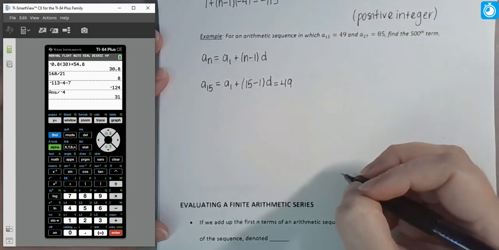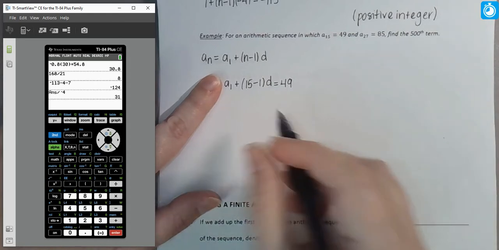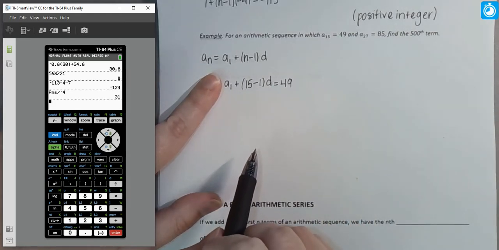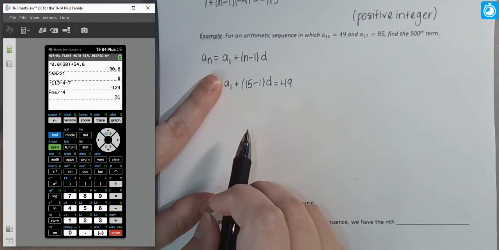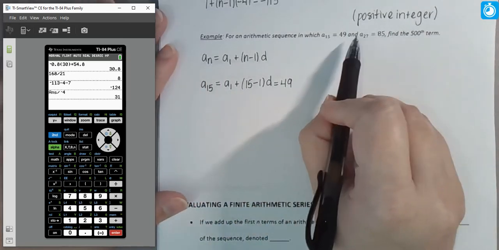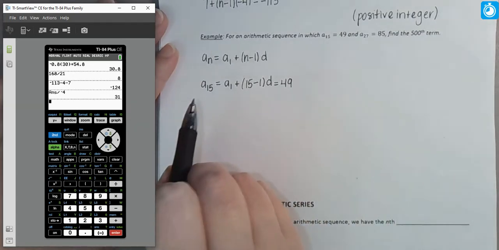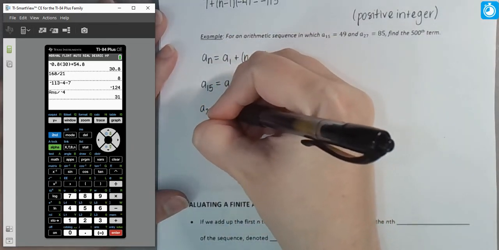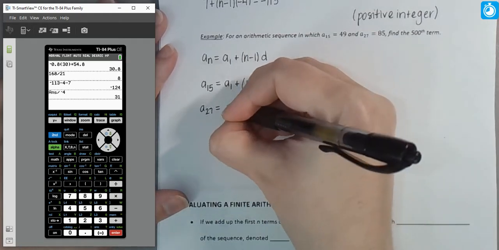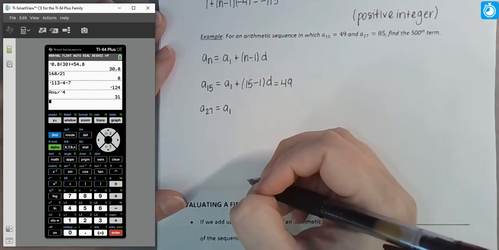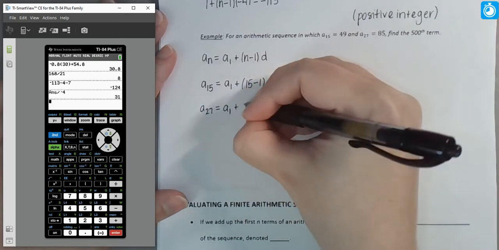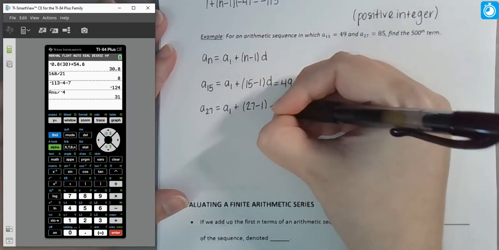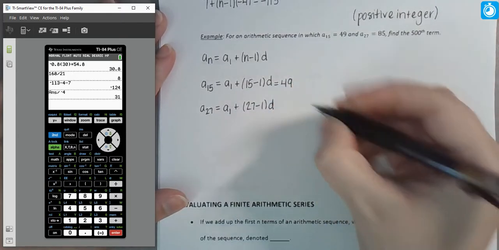So this is now going to give us an equation, but unfortunately it's an equation that still has two variables, so we can't directly solve for the value of a sub 1. However, we do have another term in the sequence that we can interpret in the same way. So we know that a sub 27 would be equal to our first term, again unknown, plus 27 minus 1 times d, again unknown.